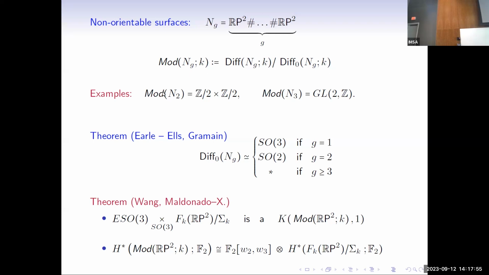non-orientable fiber. Anyhow, just let me ask you something, just to be sure. For instance, to compute the homotopy type of this diffeomorphism group, is there some splitting along the exact sequence, or how would it be done?